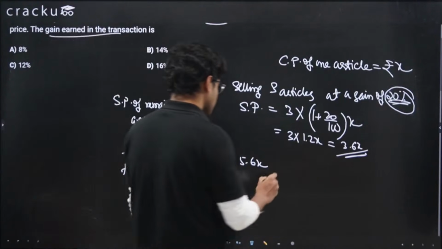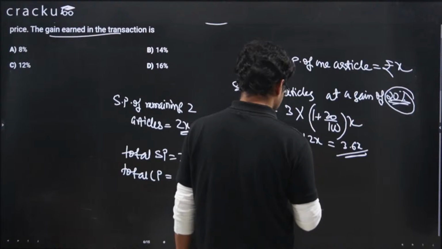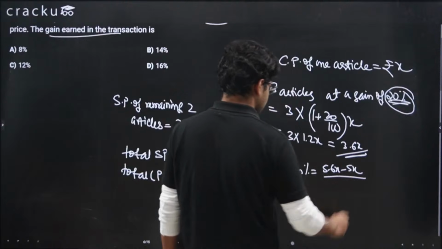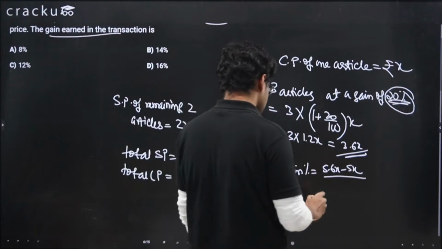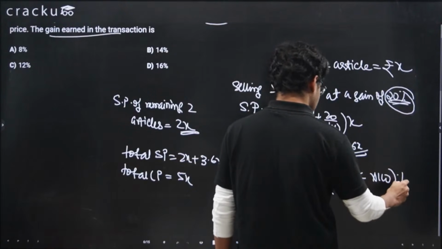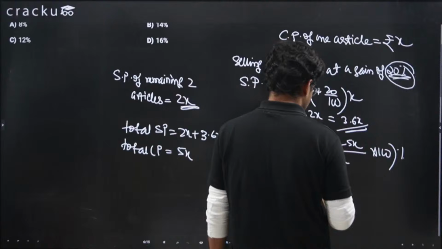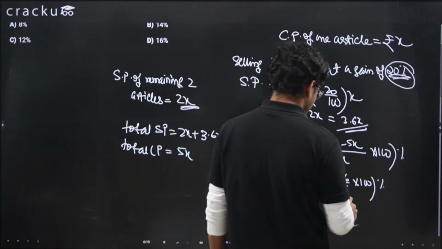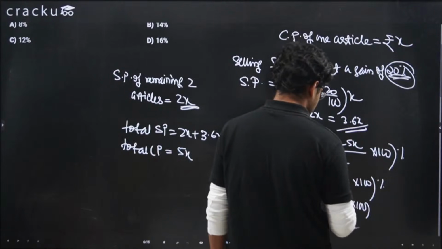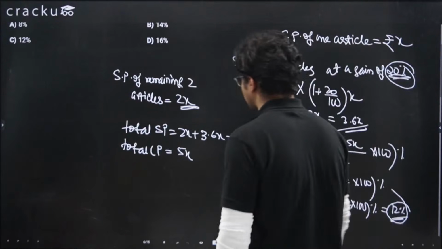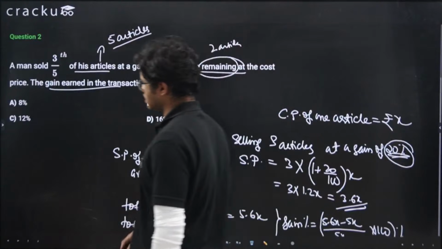The gain percentage is 5.6x minus 5x, gain upon cost price, into 100, which is 0.6 upon 5 into 100, which is 0.12 into 100, which is 12%. So the gain percentage is 12%. The correct answer is option C.